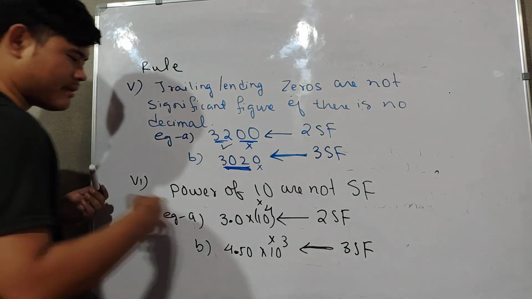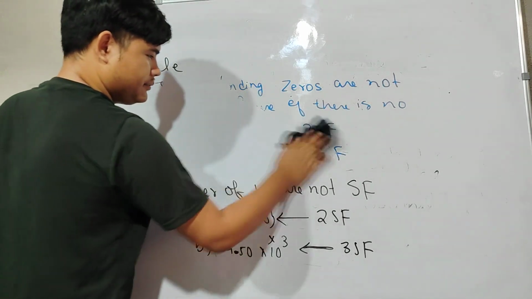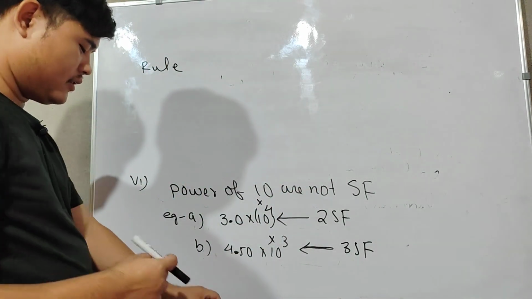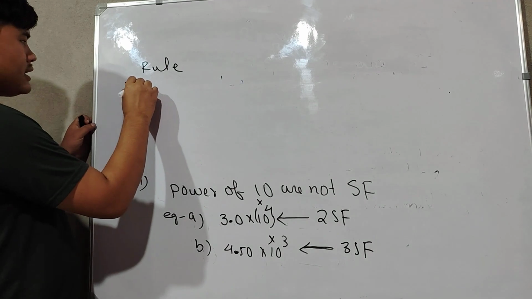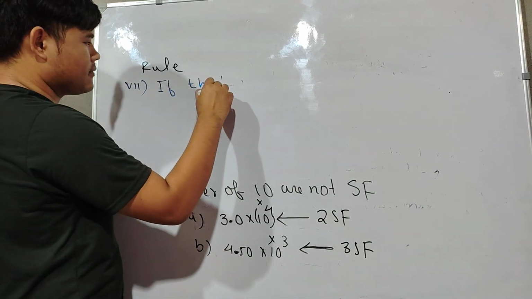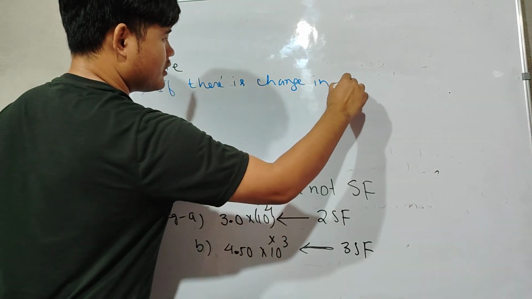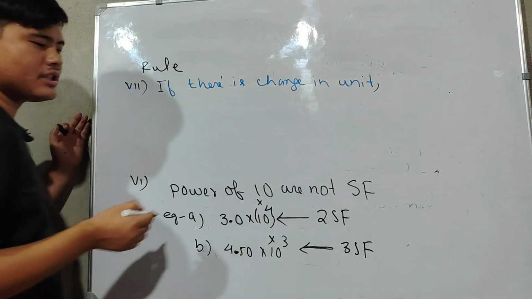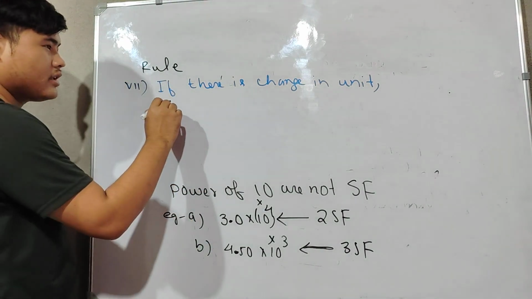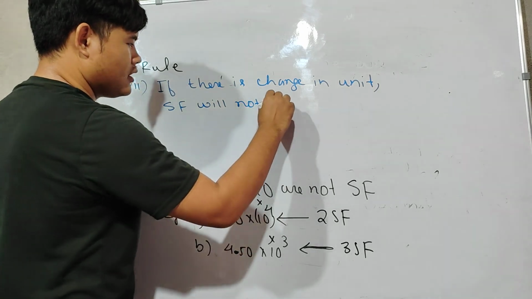Now the seventh rule is that if there is a change in unit, the significant figures will not change.